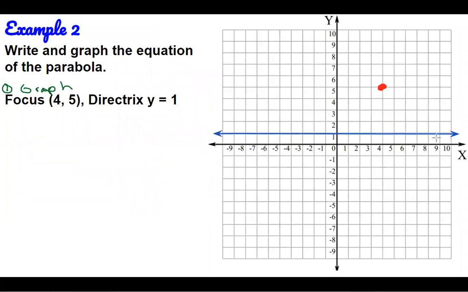What do I have here? Vertical parabola. Now, is it opening up or down? Up. So I should have a p value that is positive. So it's vertical. My p should be positive. Therefore, my beautiful equation is (x minus h) squared equals 4p (y minus k).